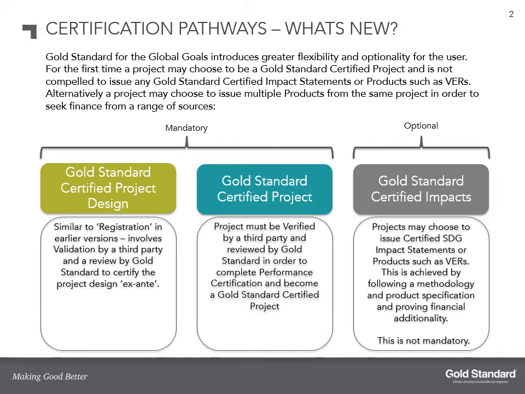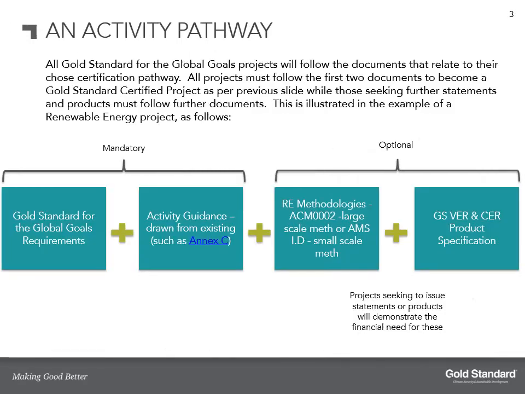Those projects seeking Gold Standard certified impact would also be required to prove financial additionality, or additionality in a market sense. This step is not mandatory. So projects, as I say, can choose to stop at Gold Standard certified project status and may choose to issue products and statements.